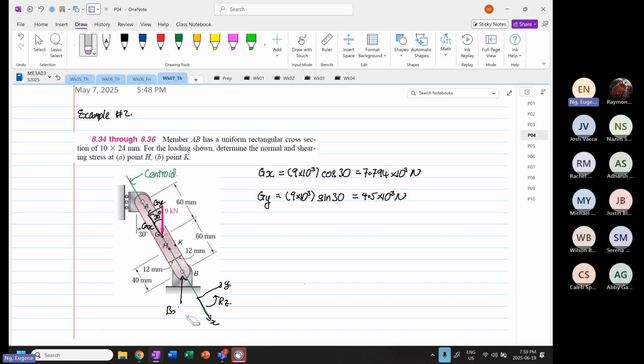Hold on, let me see. If I would now call this axis that I'm going to sketch down here, this is my x prime, y prime.